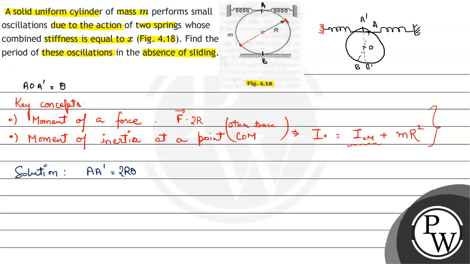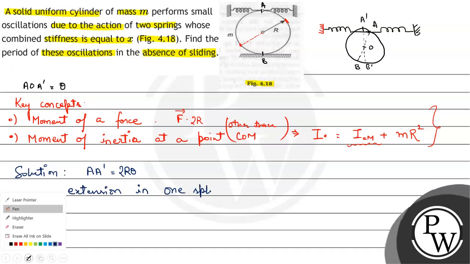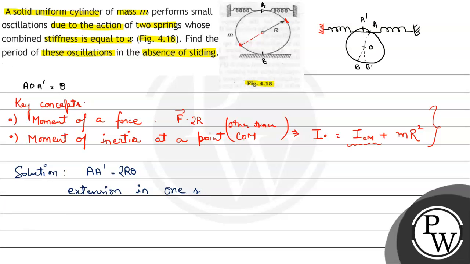Now from here we can write the extension in one spring. What is the extension in one spring? It will be equal to the contraction in the other spring. It will be equal to r times theta, and it will also be equal to the contraction.